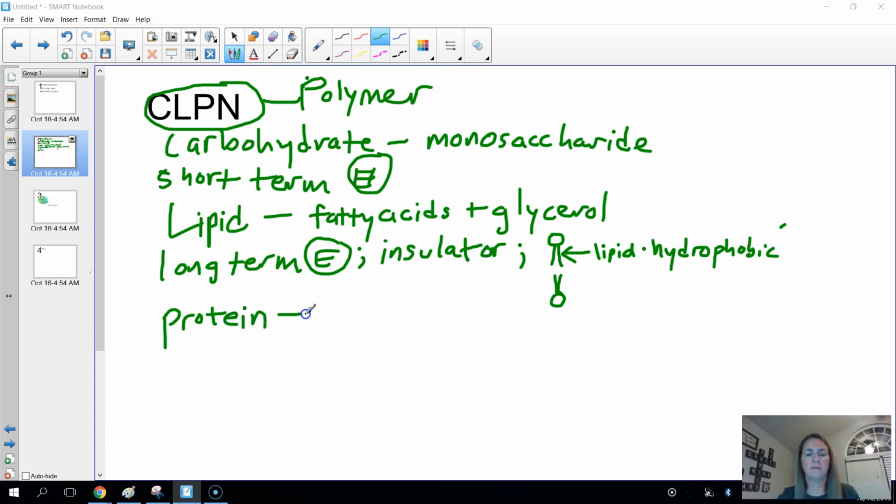And protein's monomer or building block are amino acids. Okay, and these amino acids combine together in a variety of ways to make different kinds of protein.